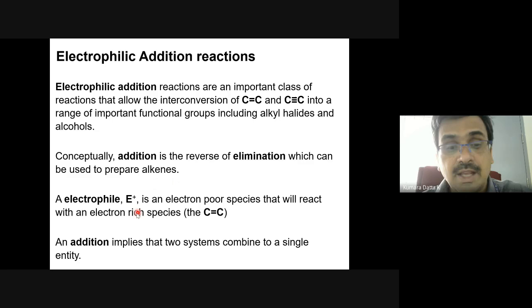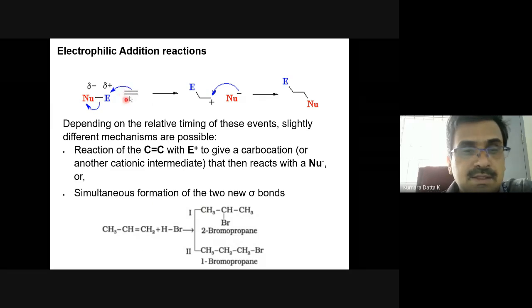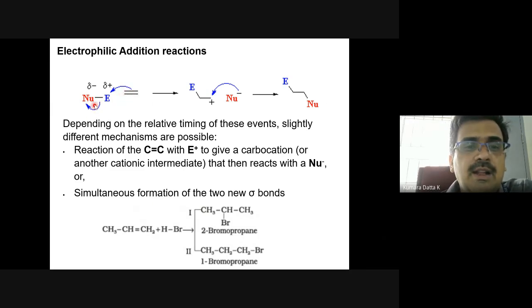That too using an electrophile. You already knew that an electrophile is an electron deficient species, which reacts with an electron rich species. Whenever you add, you are making a covalent bond between the electrophile and the nucleophile. You have a double bonded system, and you add a compound like water, H plus OH minus.